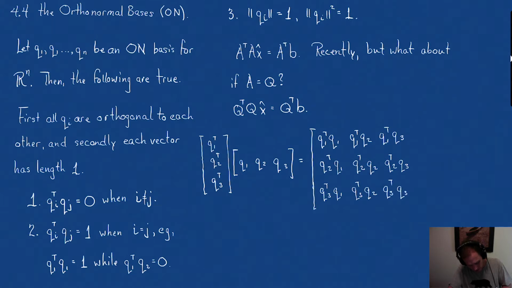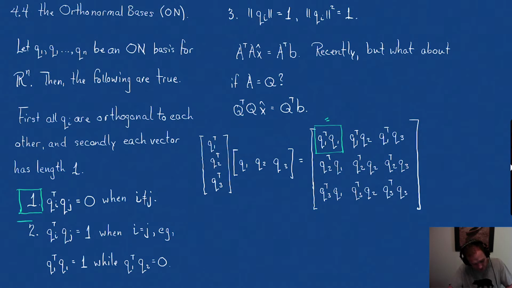Okay, let's see what this gives us. Notice, this is worth noting, so let's grab a few colors to note these things. First off, here i is equal to j, so 1 is equal to 1. In other words, according to rule number 1, I'll put it in the correct blue box. The correct blue box says when those match, this is just 1.